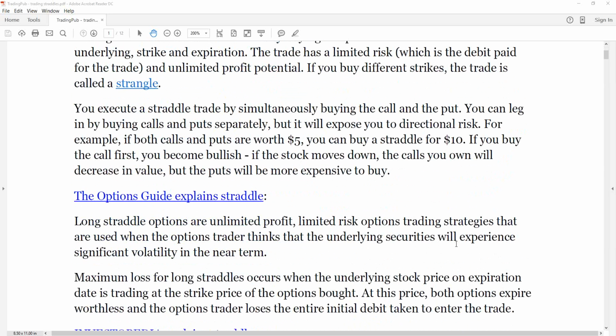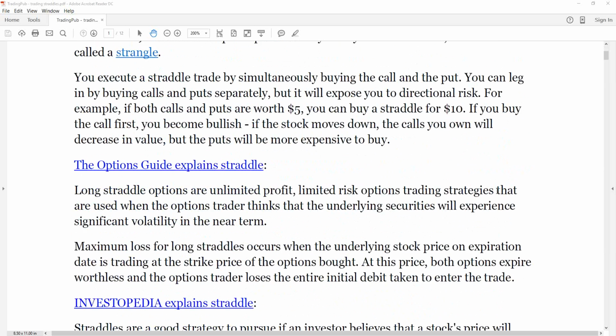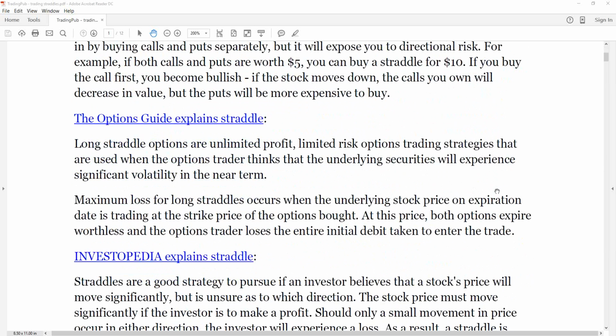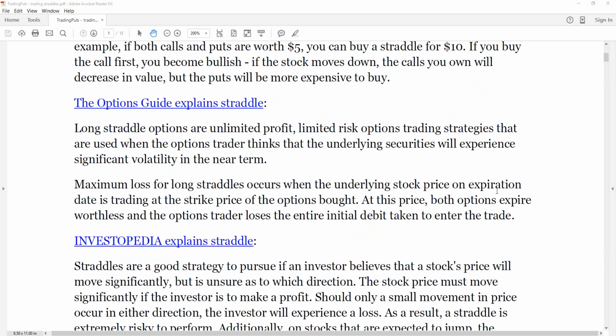So the whole straddle will be basically more expensive to buy. This is why I don't recommend legging into the straddle. I recommend, especially for beginners, to do it as one transaction, buying puts and calls as one transaction.